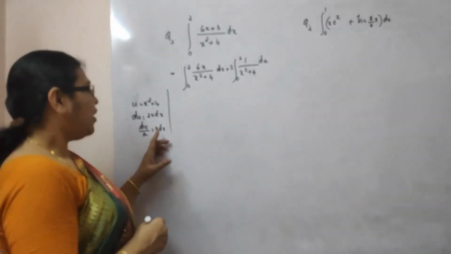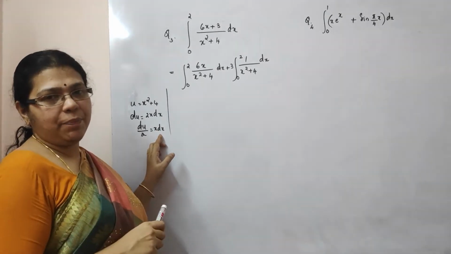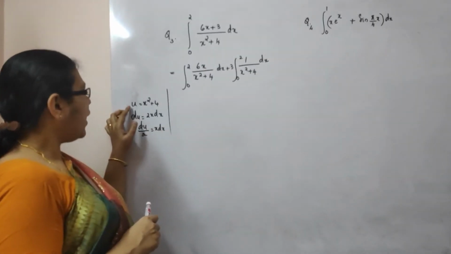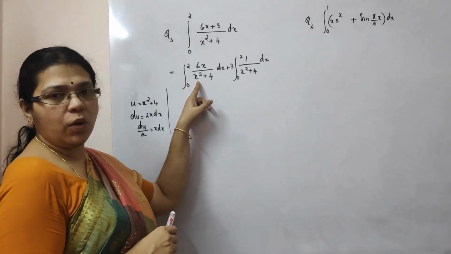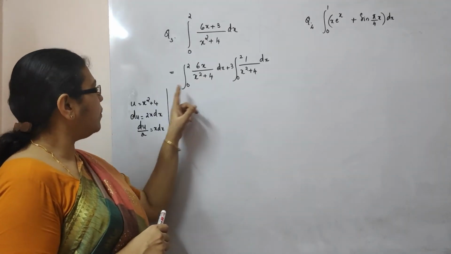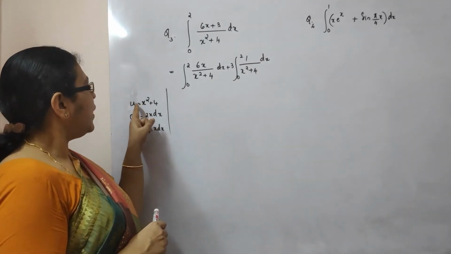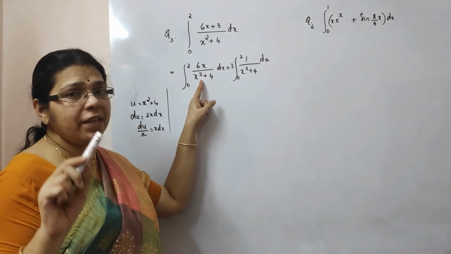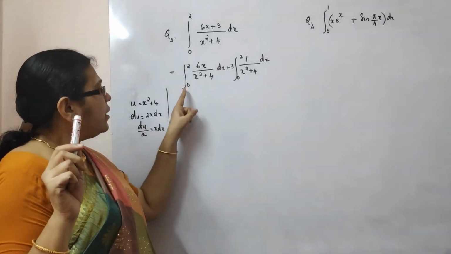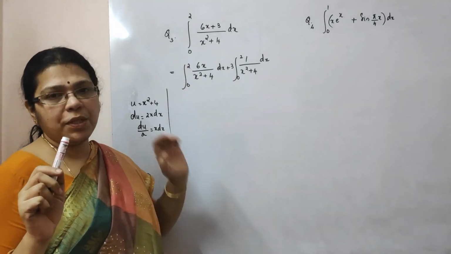X dx. Now, one thing that you have to keep in mind here is that I have changed something here. What? I have changed x square plus 4 into u. Now, once I change this in a definite integral, the limit values also must be changed.